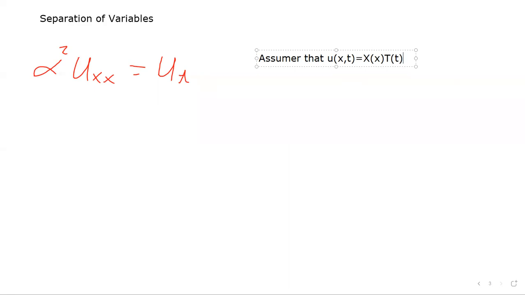So if we can do that, we can rewrite the equation. And then we can keep on going further.